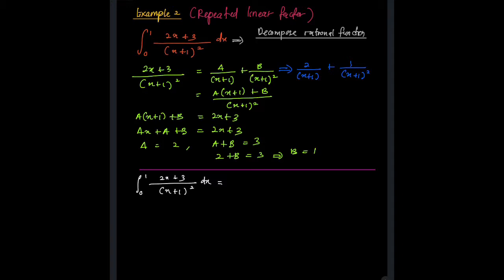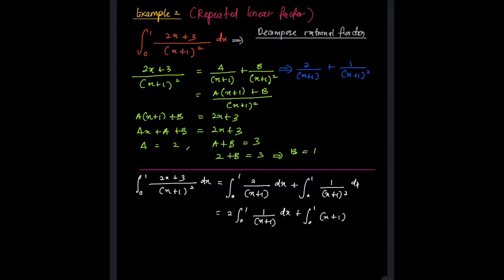When you decompose, you will get the integral from 0 to 1 of 2 over x plus 1 dx plus the integral from 0 until 1 of 1 over (x plus 1) squared. You can put the constant in front before you integrate, or integrate directly, it's up to you. So 2 times the integral from 0 until 1 of 1 over x plus 1 dx plus, for the second part, (x plus 1) to the power of negative 2 dx.